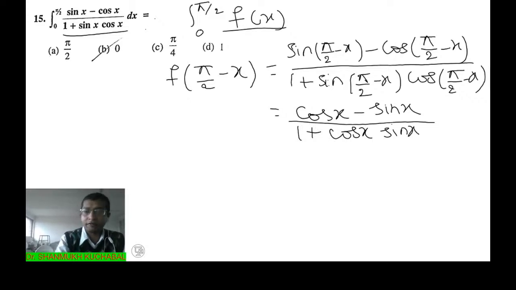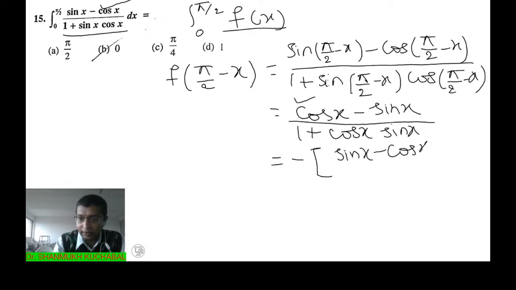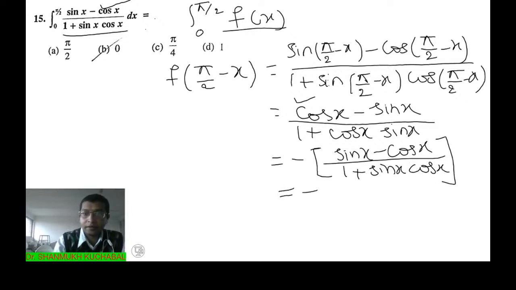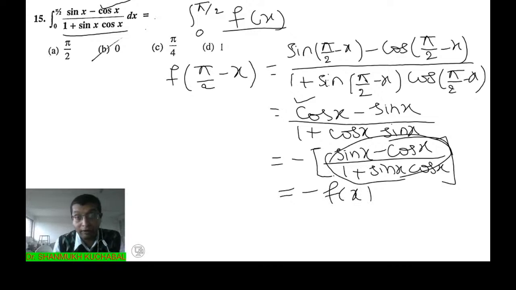Look at the function: here it is plus cos x and here it is minus cos x. So we take a minus common outside: minus of sin x minus cos x, whole divided by 1 plus sin x into cos x. So we get this function as minus f of x. So we observe that f of pi by 2 minus x is minus f of x.